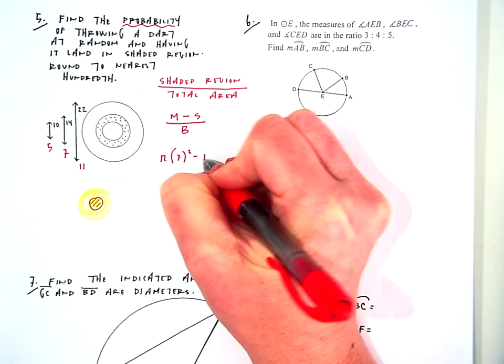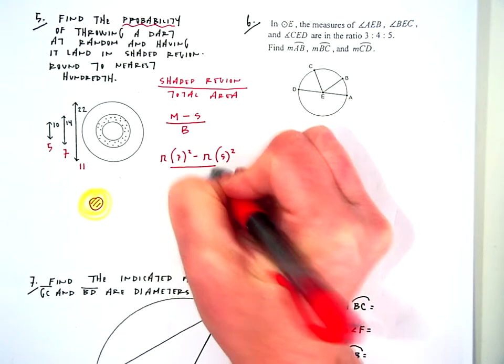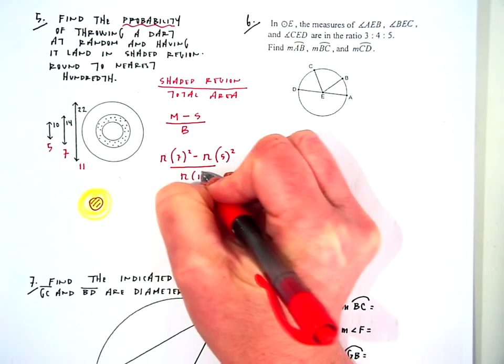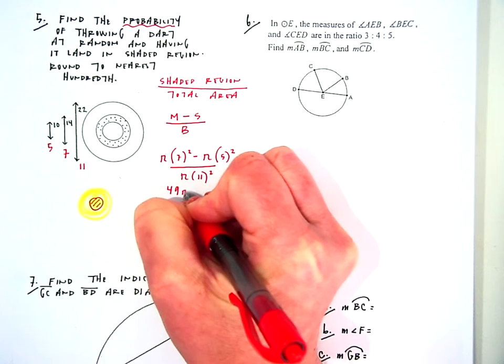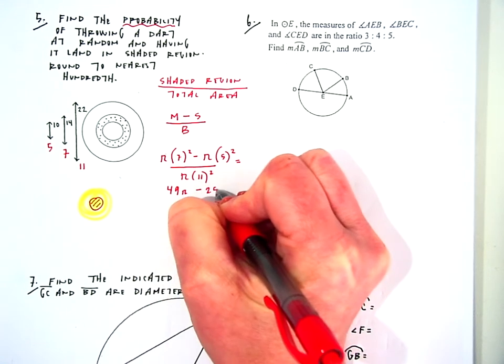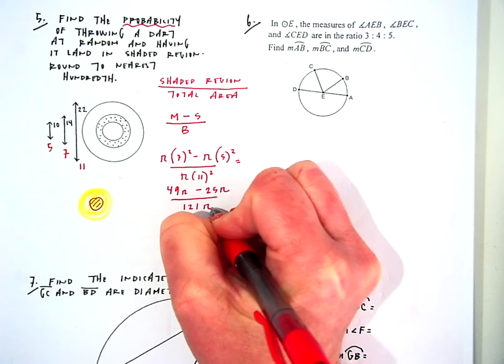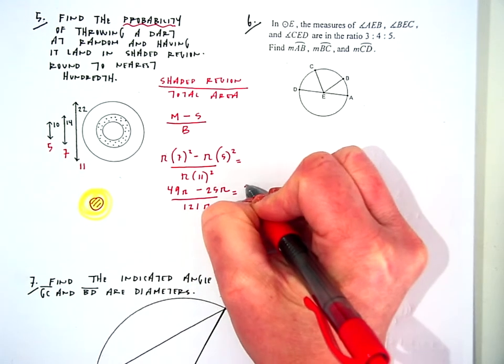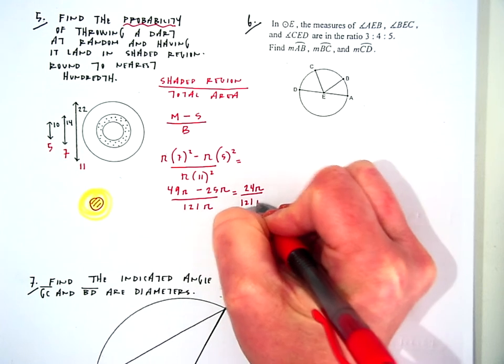The small, pi times 5 squared. And then the big, pi times 11 squared. So now I really get 49 pi minus 25 pi over 121 pi. It cleans up to be 24 pi over 121 pi.